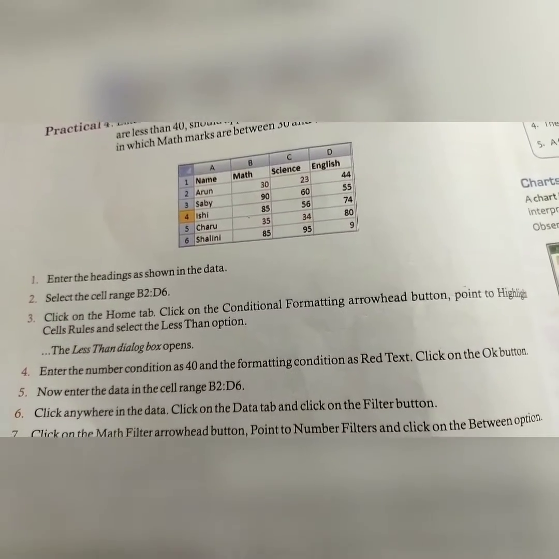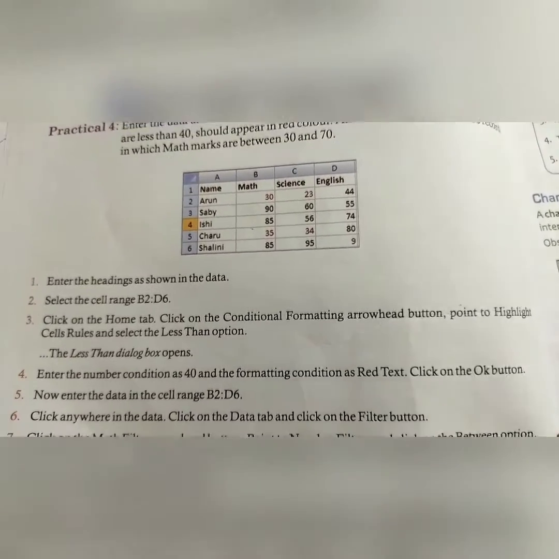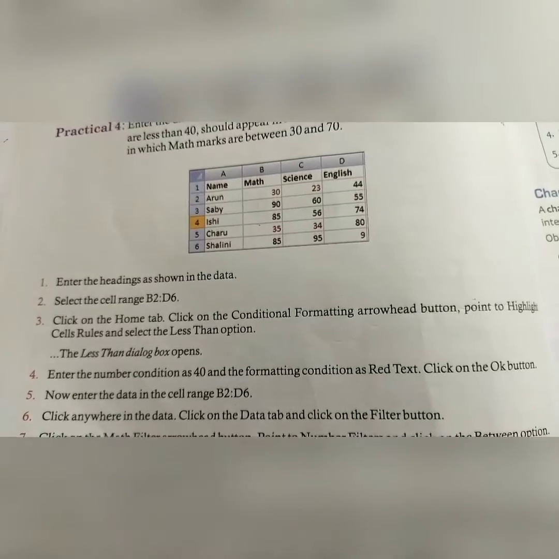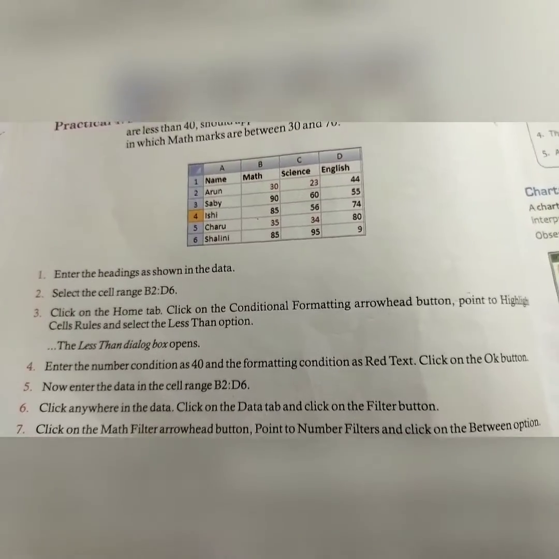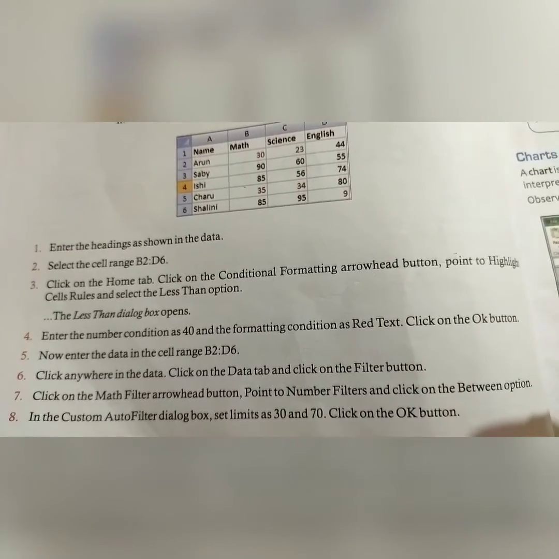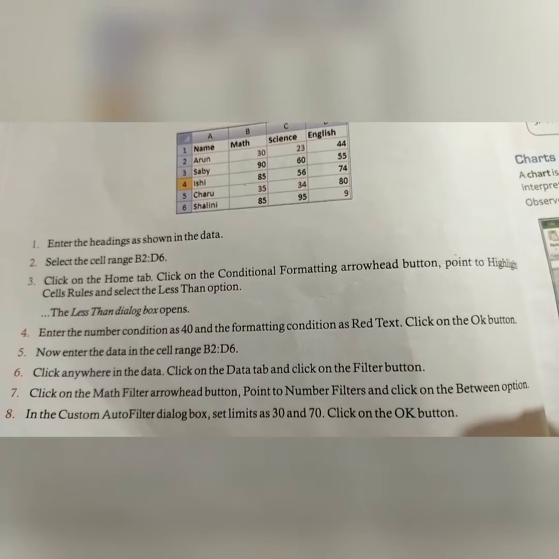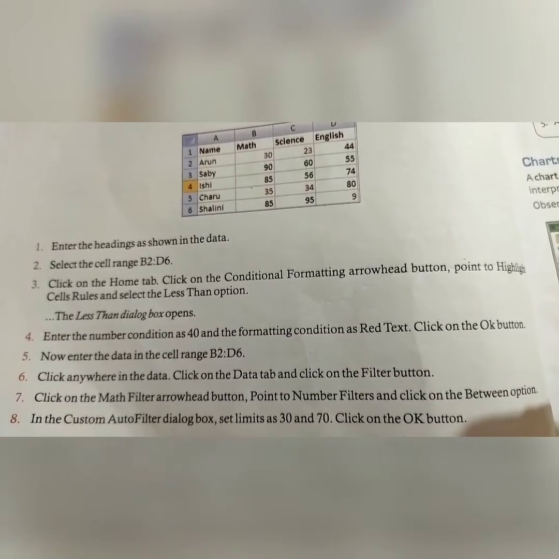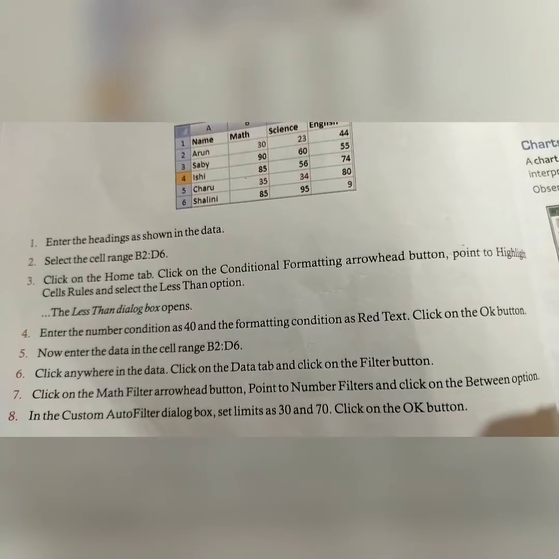Click on the Home tab. Click on the conditional formatting arrowhead button. Point to Highlight Cells Rules and select the Less Than option. Then the Less Than dialog box opens. Fourth, enter the number condition as 40 and the formatting as red text. Click on the OK button. Now enter the data in the cell range B2 colon D6.